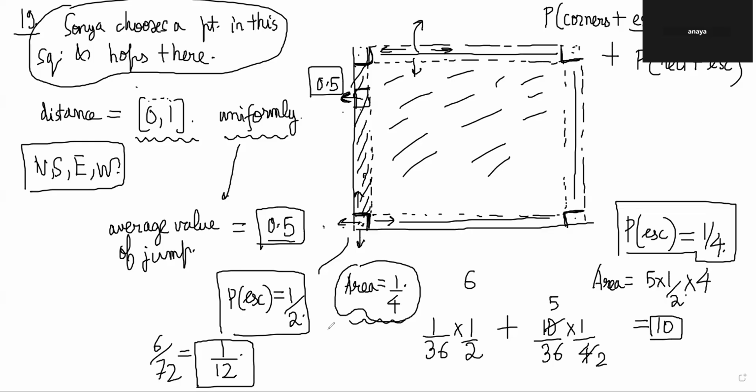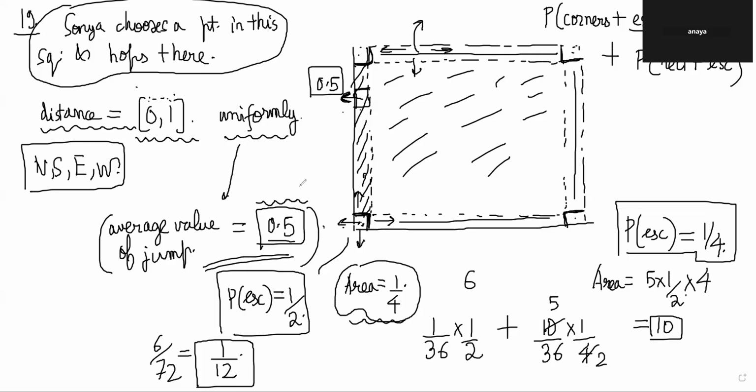Yes, I understand. So the main thing here is to decide what is the average value of the jump because that was not given, right? Yes, correct. The value of your jump is a random variable that can take any value between 0 to 1. The expected value of your jump will be half though, because there is no preference for any particular value.